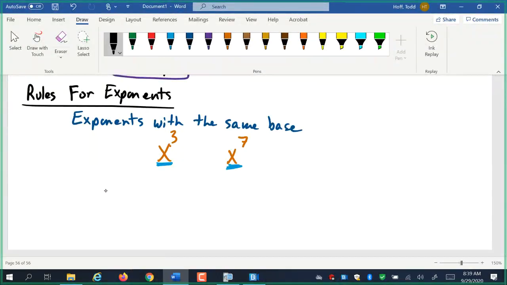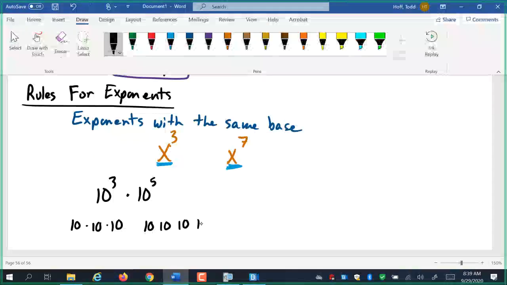If I have 10 to the third times 10 to the fifth, well, 10 to the third is 3 tens multiplied together. 10 to the fifth is 5 tens multiplied together. If I multiply those all together, we have 1, 2, 3, 4, 5, 6, 7, 8 tens all being multiplied together.